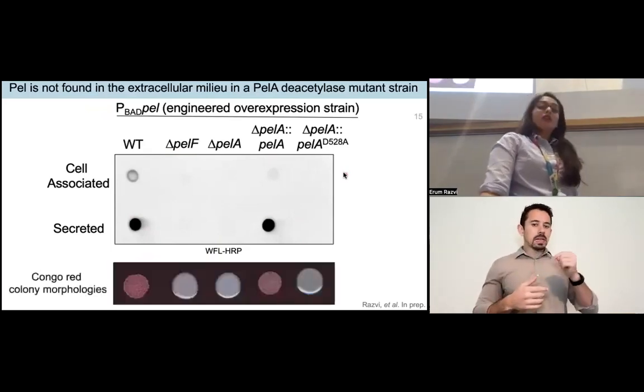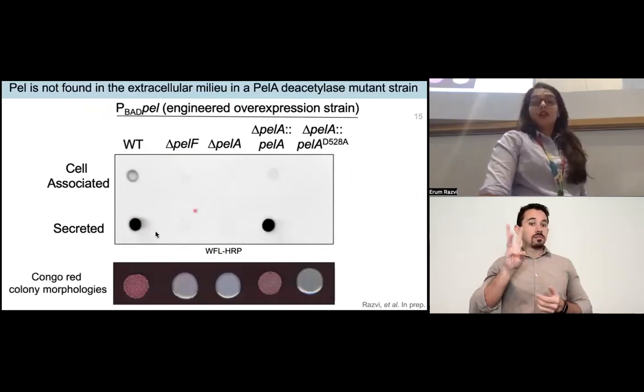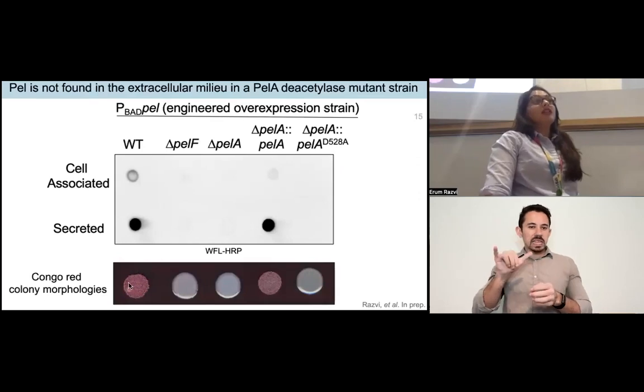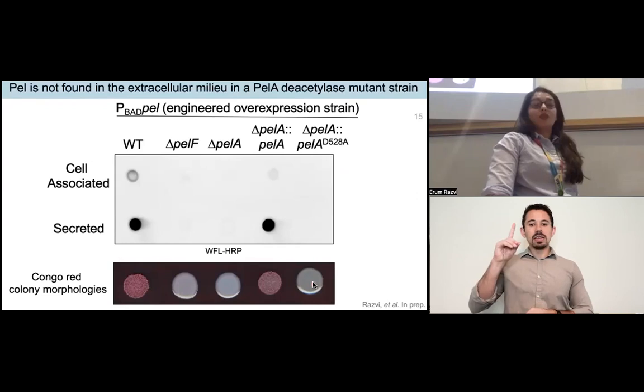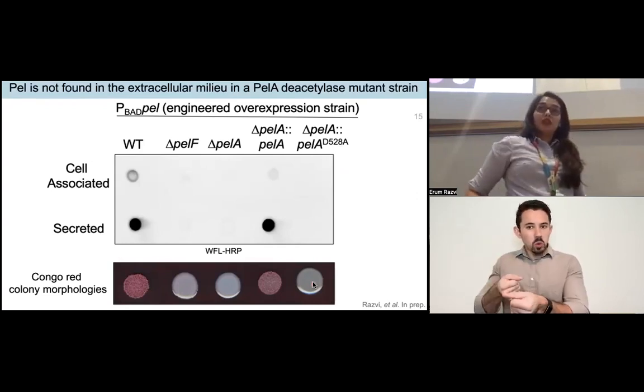So to corroborate this dot blot, I also performed Congo red colony morphologies with these strains. The wild type formed a wrinkly colony, indicative of exopolysaccharide production, and the deacetylase mutant was smooth, further supporting that Pel is not found in the extracellular milieu.